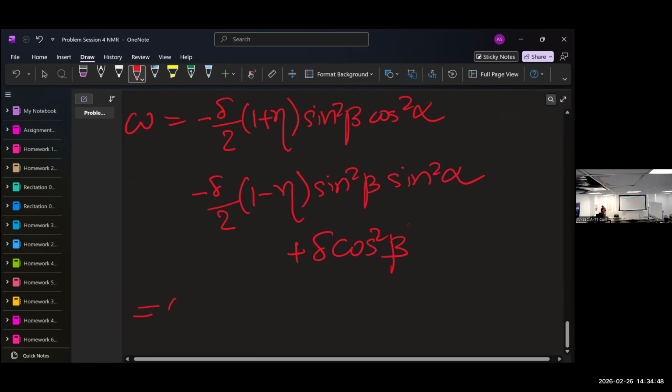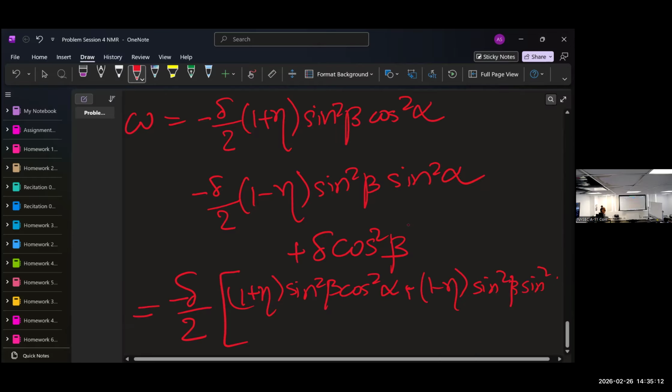Okay. This expression looks kind of simple in the sense that I can take delta over 2 out, right? Common. I'm going to do that. So I get 1 plus eta sine squared beta cos squared alpha plus 1 minus eta sine squared beta sine squared alpha plus minus 2 cosine squared beta.